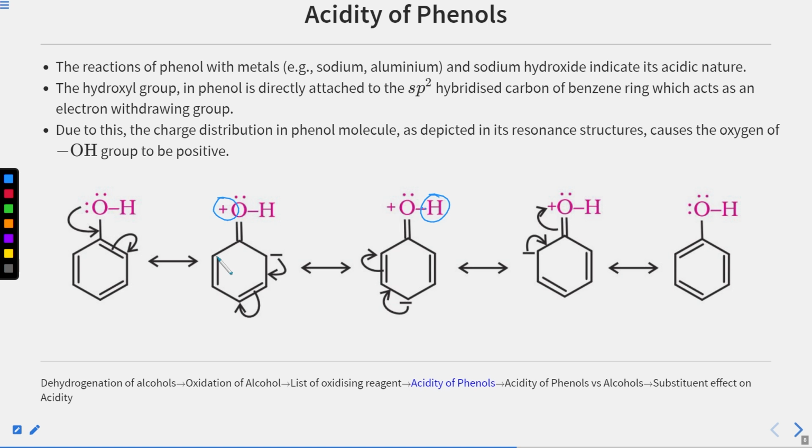One more thing to notice here is that we have a negative charge on these positions. Suppose this negative charge is further stabilized. If we have an electron donating group, then it would not be appropriate to do the resonance. We'll see to that.